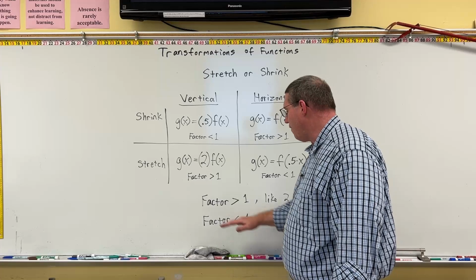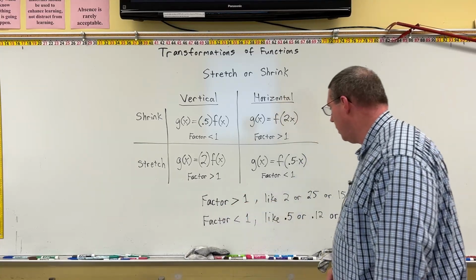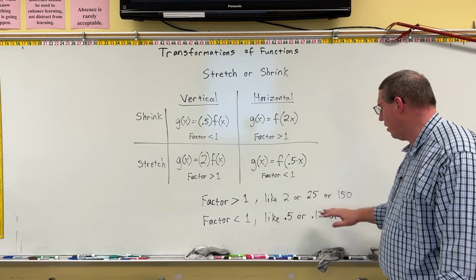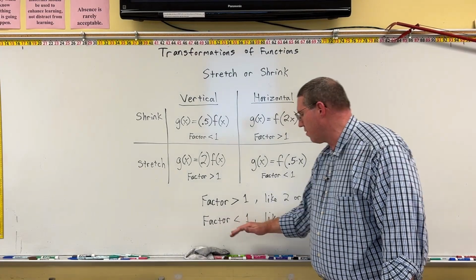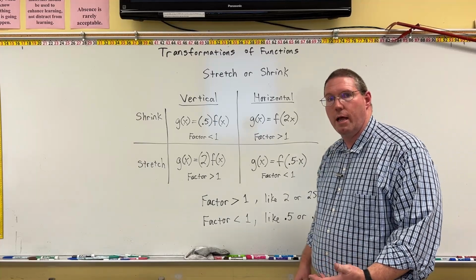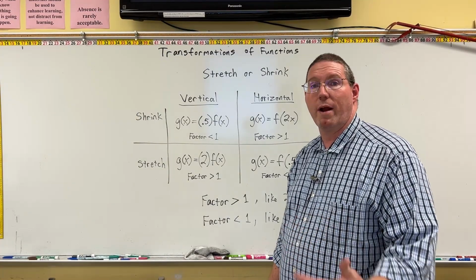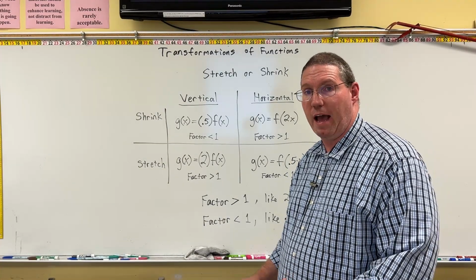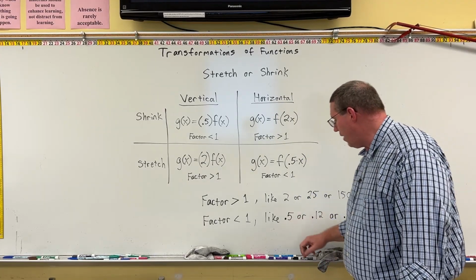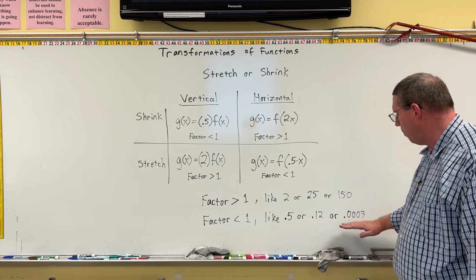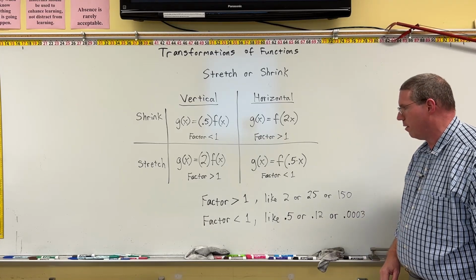And that factor is either going to be greater than 1, like a number like 2 or 25 or 150, or it can be a factor that's less than 1. Now, when I say less than 1, I mean less than 1 but greater than 0, a positive factor that is less than 1, like 0.5 or 0.12 or 0.0003.